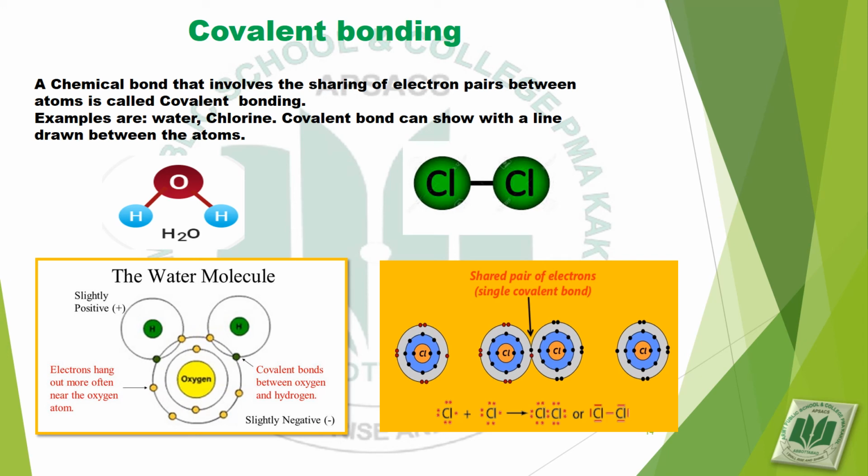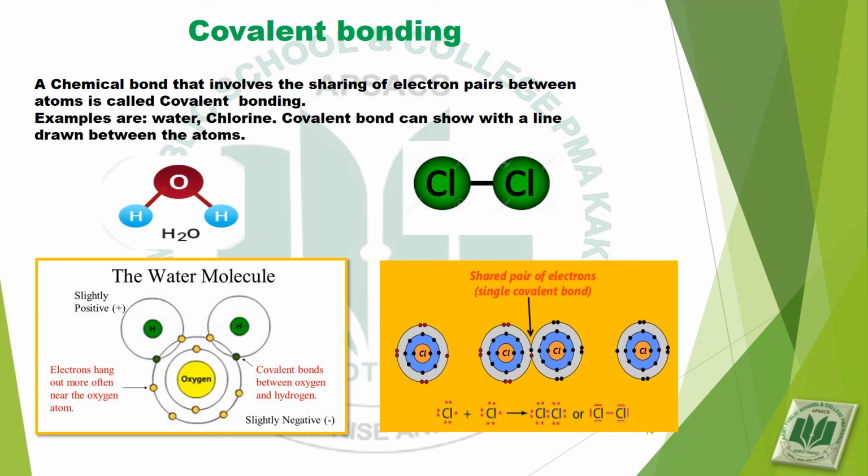The oxygen atom requires 2 electrons to complete its outer shell. So, the water molecule forms covalent bonds and they share their electrons with each other.